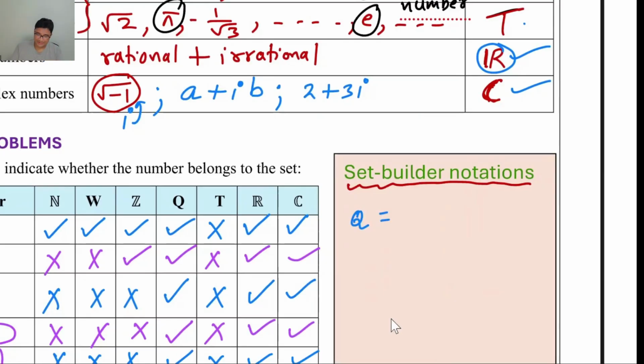This is how we can express it. I will say the rational numbers. Now notice that bracket. It's called the flower bracket or braces. Here I would say set bracket. We use that to denote sets.